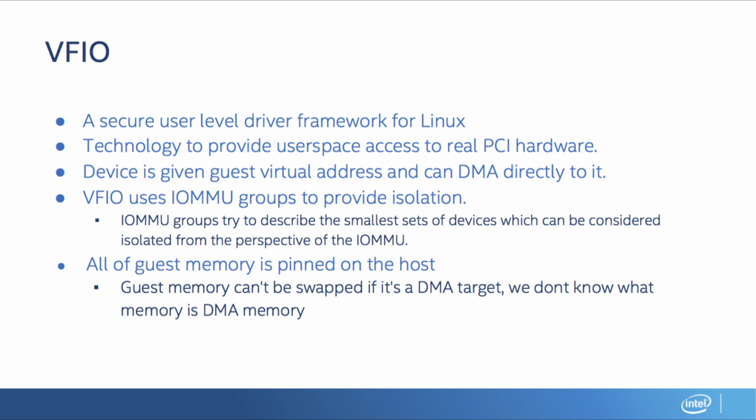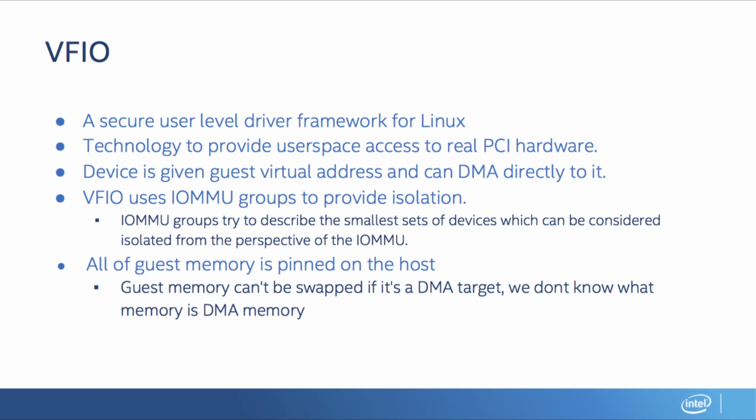The IOMMU also makes sure that a device cannot write to the DMA area of any other device. So VFIO uses IOMMU groups to provide isolation. The IOMMU groups themselves are set up on the platform at startup by the IOMMU driver.